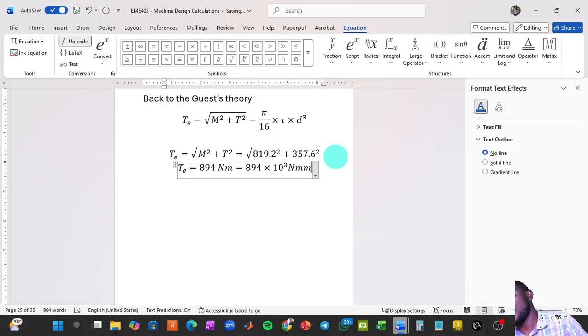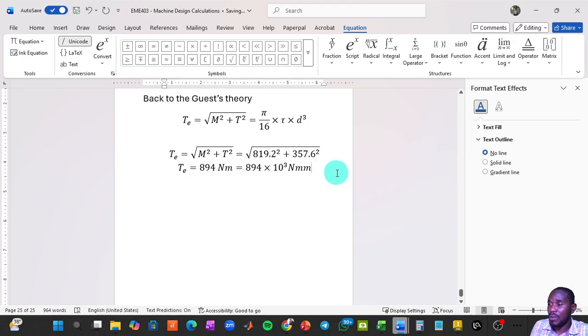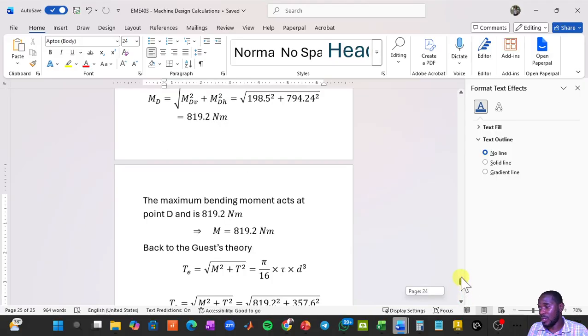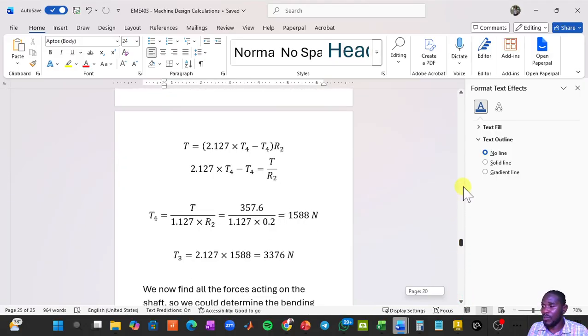Okay, we're doing that so that when we do our calculation, our diameter will be in millimeters. Now that we have that, we will go ahead and make D the subject of the formula. I think I've done that at some point before in this, so I'm going to just find it somewhere and copy it to save my time.